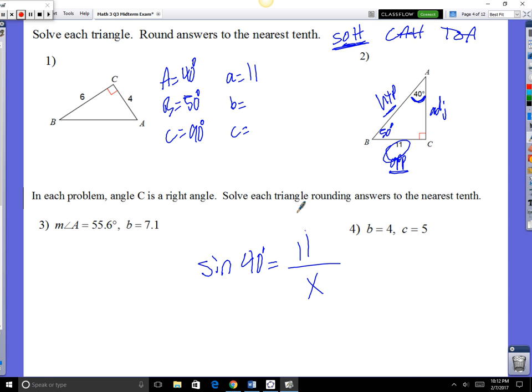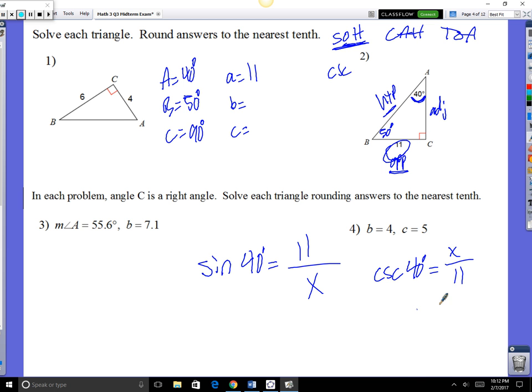Now sine, whenever x is on bottom, that sucks, because you've got to get x on top. It's like an extra step. But sine is married to cosecant. So instead of sine, if you do cosecant from the 40 degrees, that puts the hypotenuse on top and the opposite on bottom.